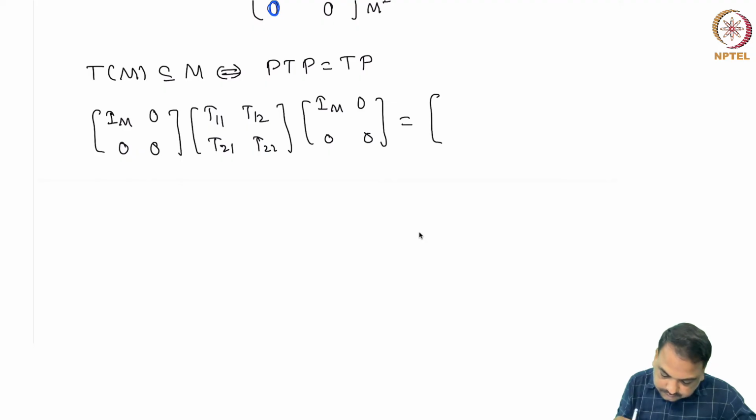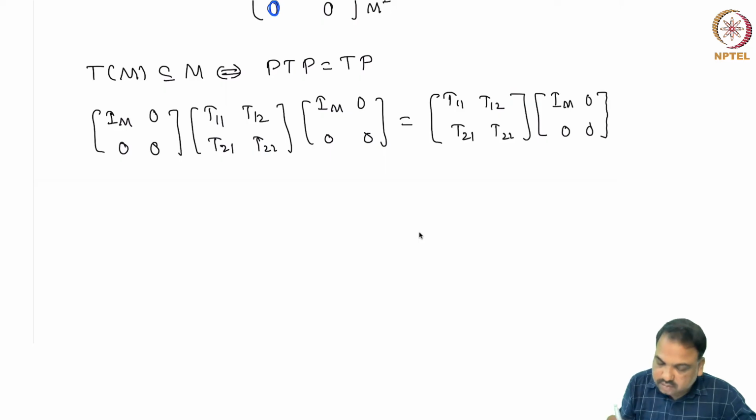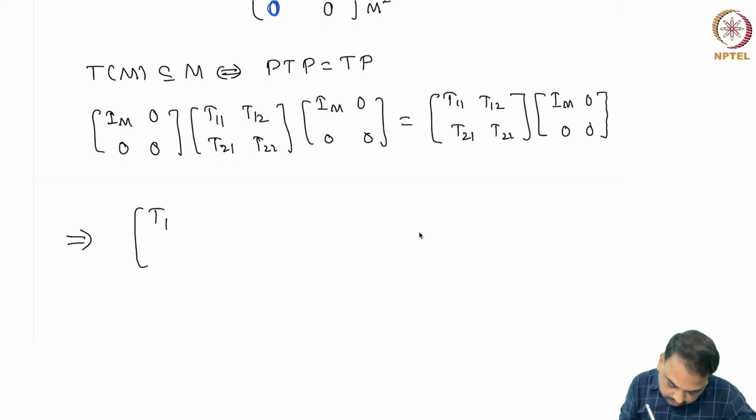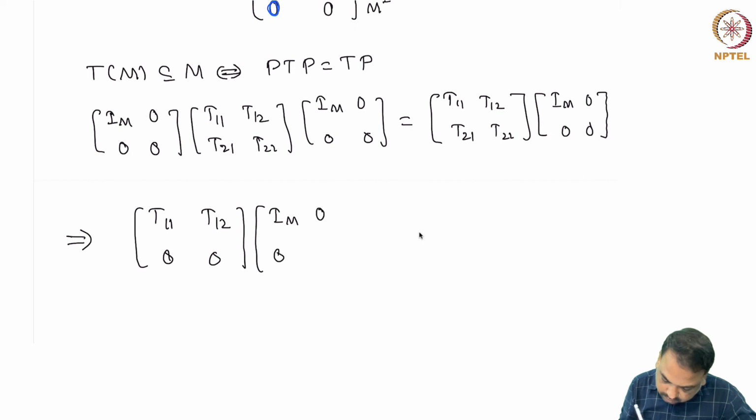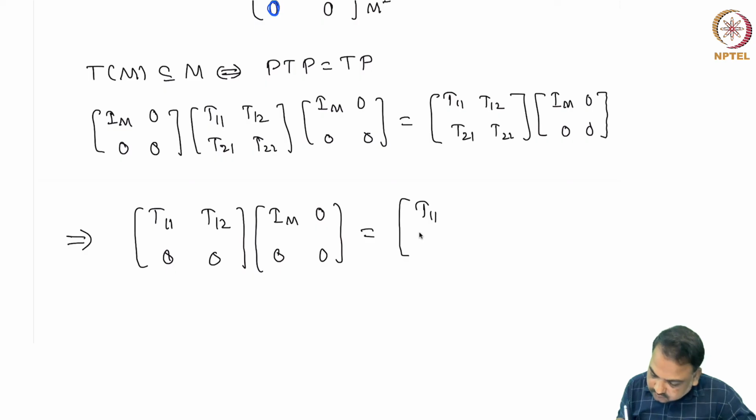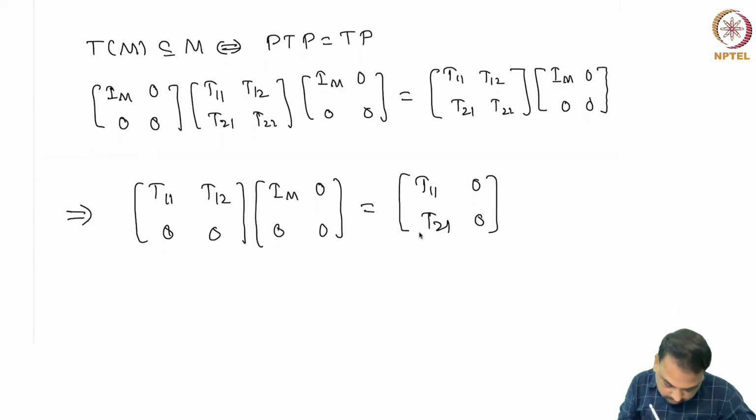This we can get as TP. This is T11, T12, T21, T22, this is IM, 0, 0, 0. So this implies this is T11, T12, 0, 0. This is IM. This is nothing but T11, 0, T21 and 0.